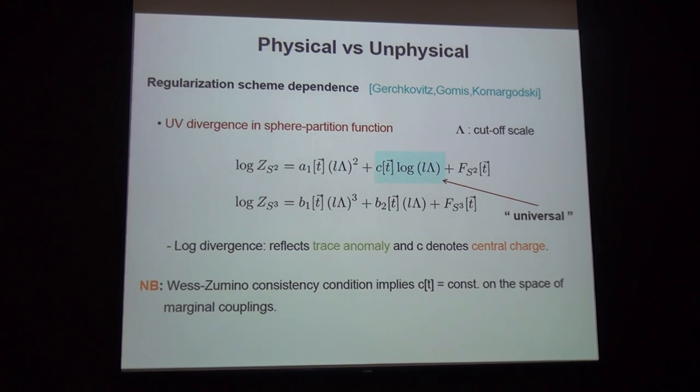Does it agree with the C function away from the fixed points? Here I'm just talking about the marginal coupling constant. Yeah, but generally, if you have some RG flow between different theories, you can compute the sphere partition function and look at C as a function of the scale. Does that agree with the C function? You mean even in that case C is independent of the coupling constant?